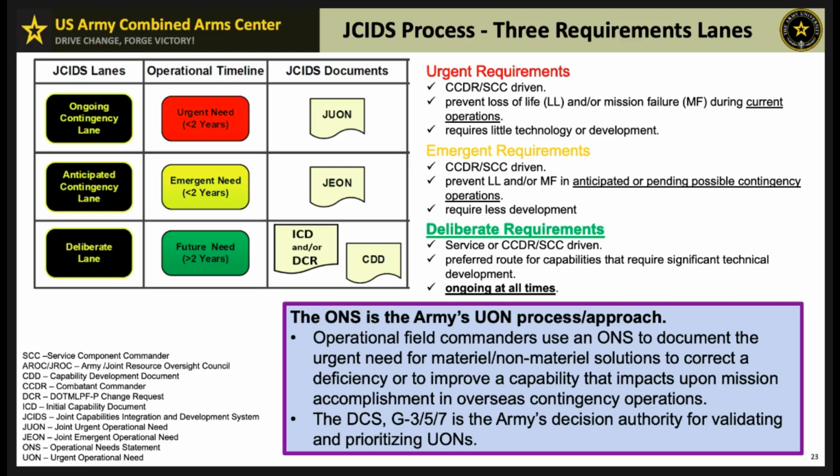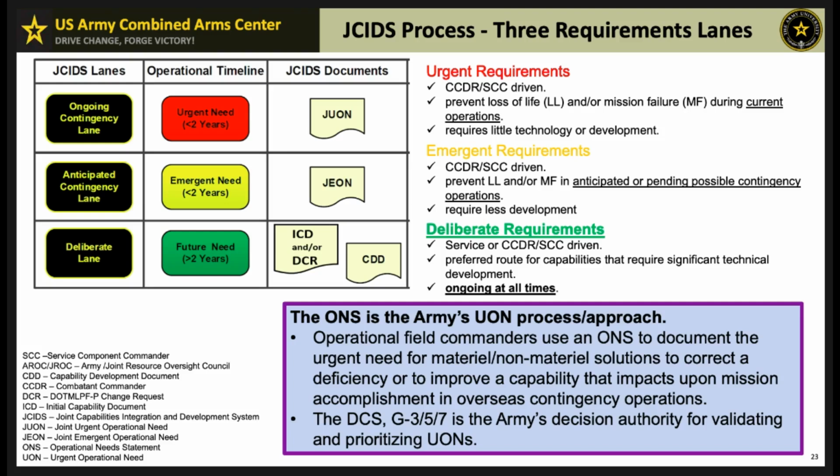The ONS triggers a validation process involving RStaff, TRADOC, AMC, and material developers. Headquarters DA AR2B assesses the need, technology availability, and resource sourcing. If critical and resourced, a directed requirement may be issued.